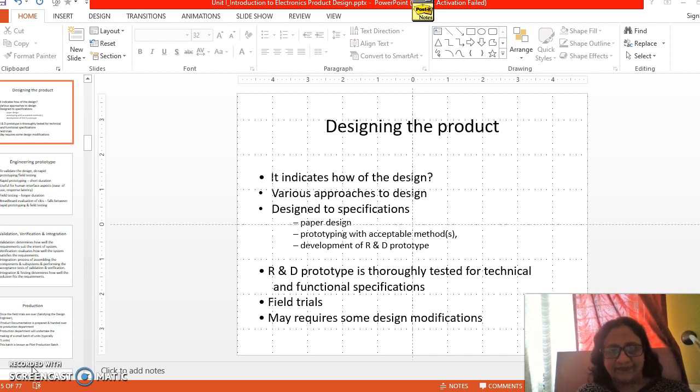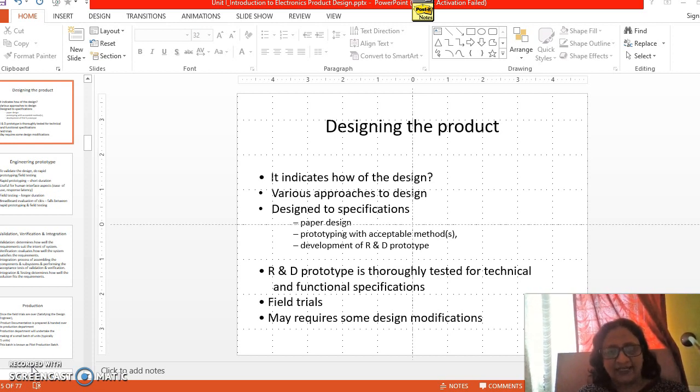Now, design indicates how of the product. There are various approaches to design. So, various approaches are proposed on the paper, that is paper design. Then the next step followed is prototyping, and R&D develops a prototype.